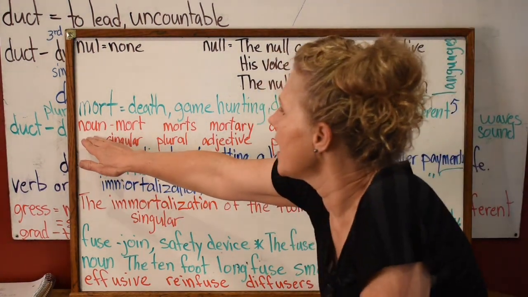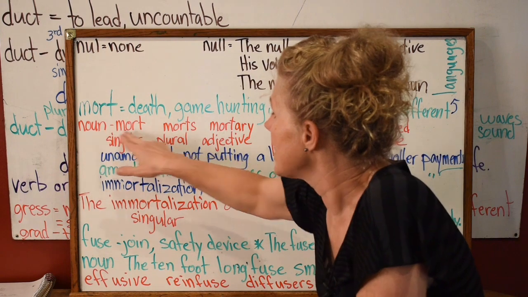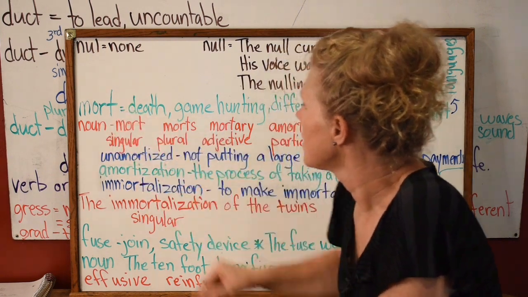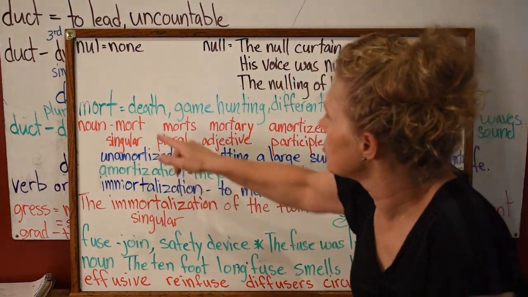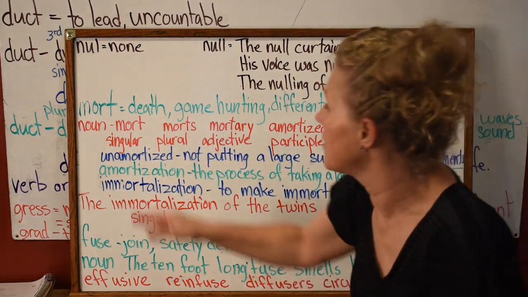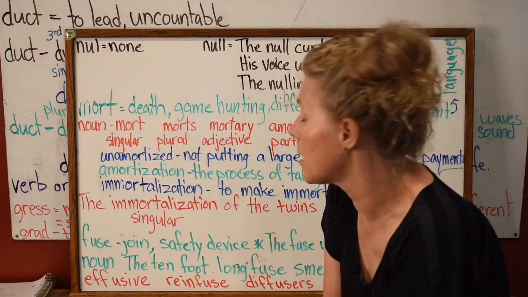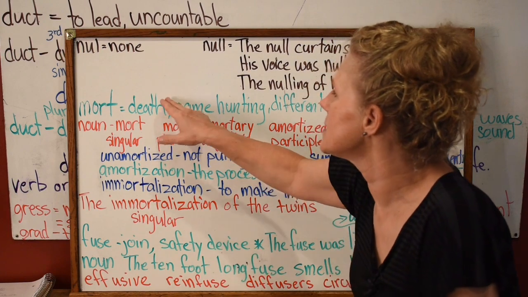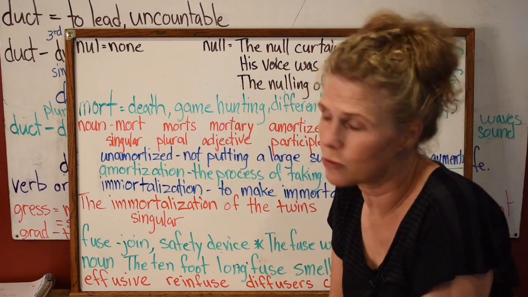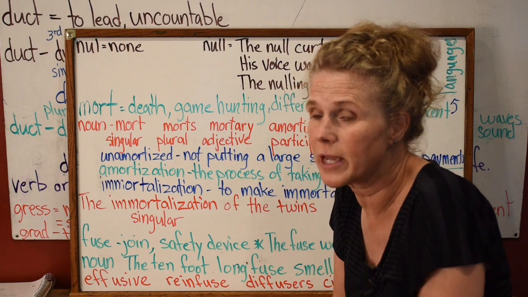So now let's look at mort as a noun, okay? And this can be used all by itself in some areas. You'll mostly see it as Latin roots, but you can see it in those areas.